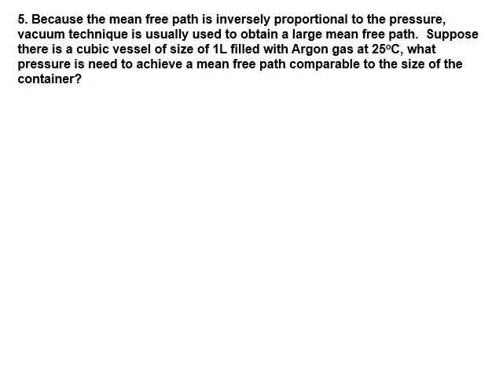Question number 5. Because the mean free path is inversely proportional to the pressure, as in this equation, if you reduce the pressure, you can increase the mean free path. One way to do it is to use a vacuum technique to lower the pressure and increase the mean free path.